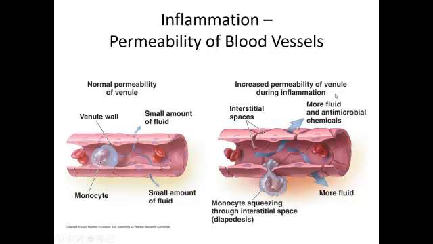Now, once we get inflammation, which stimulates these epithelial cells to round up and pull apart, we get more fluid, more antimicrobial chemicals coming out. Monocytes are stimulated to attach to these epithelial cells and squeeze out in the process of diapedesis, all of which leads to getting what's needed to the damaged tissue.